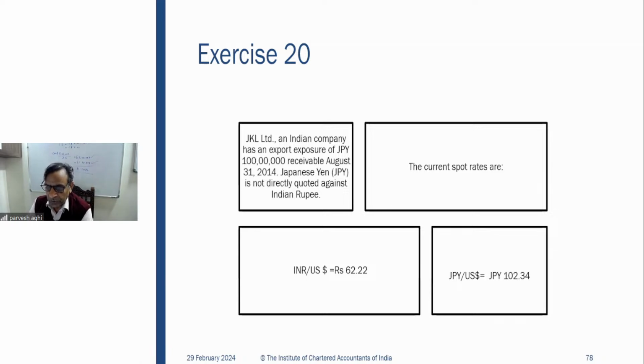He is an exporter, so he's going to receive 1 crore Japanese yen in the month of August. So the bid rates are going to become important, but there are no bid and ask rates given in the question. The spot rates are given at the bottom.